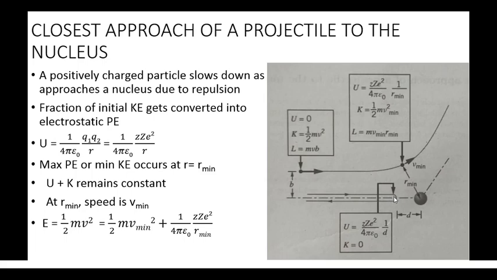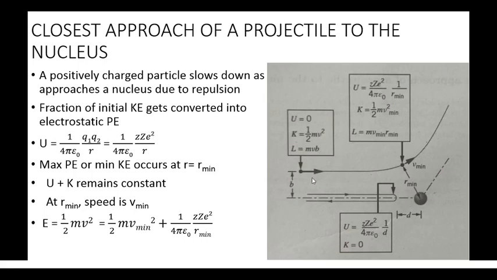At that time its kinetic energy is 0, but it has maximum potential energy given by 1/(4πε₀) q1q2/r, that is Ze²/r. And that minimum distance is known as the distance of closest approach.